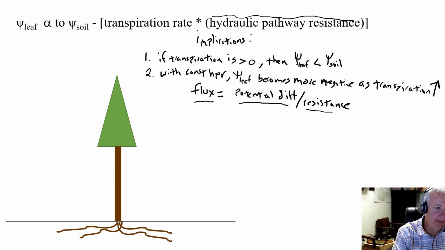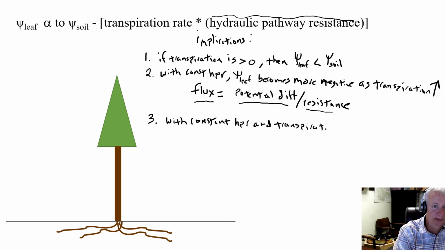And then the third implication of this equation is that with constant hydraulic path resistance and transpiration, so if we hold transpiration and hydraulic path resistance constant, psi leaf will become more negative as soil water potential becomes more negative.